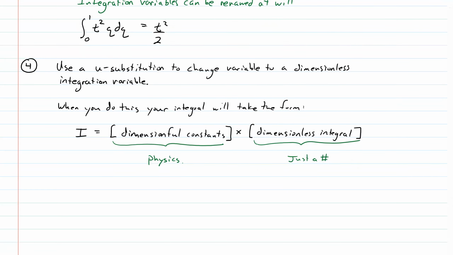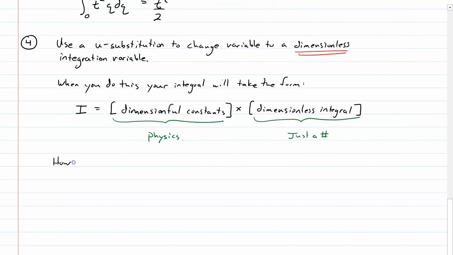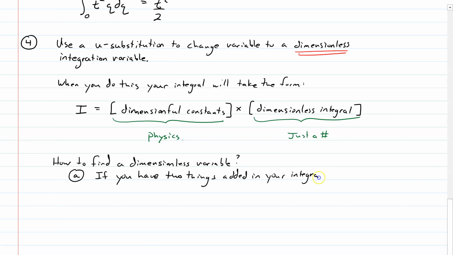How do you find a dimensionless variable? I need a variable that has no units. So how to find a dimensionless variable? There's a couple tricks. The first one is that if you have two things that are added together in your integral, like, so for example, x squared plus y squared, you can't add them together unless they have the same units.